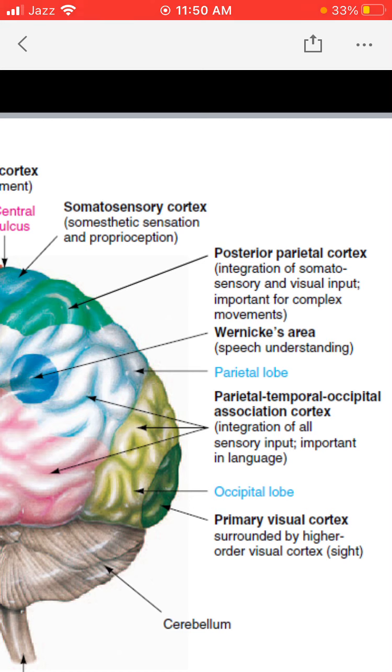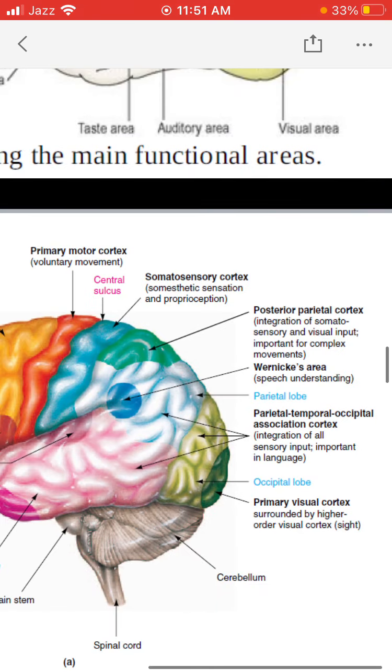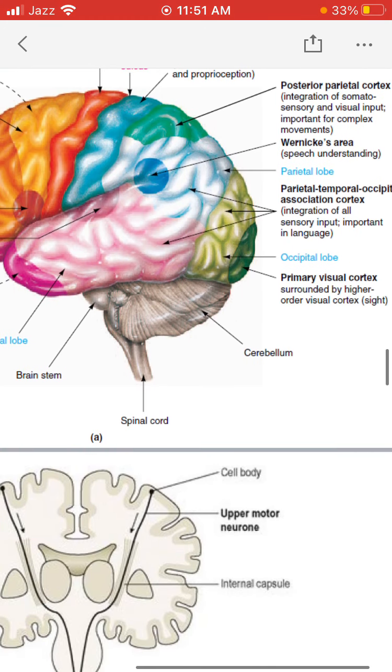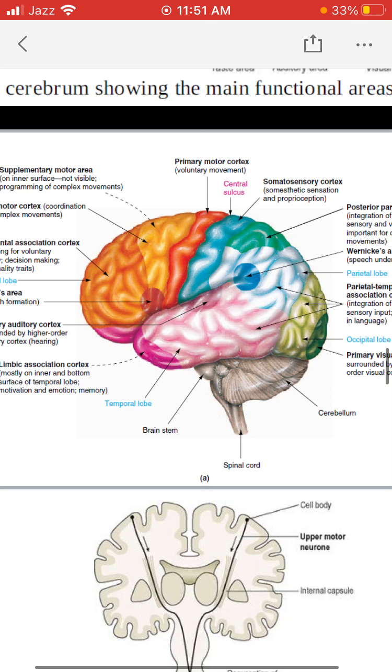All the words that are spoken are perceived here, and our intelligence is based upon Wernicke's area. So these were all about the association areas, and you must remember at least their names and their one function. And the very important function of Wernicke's area is intelligence.